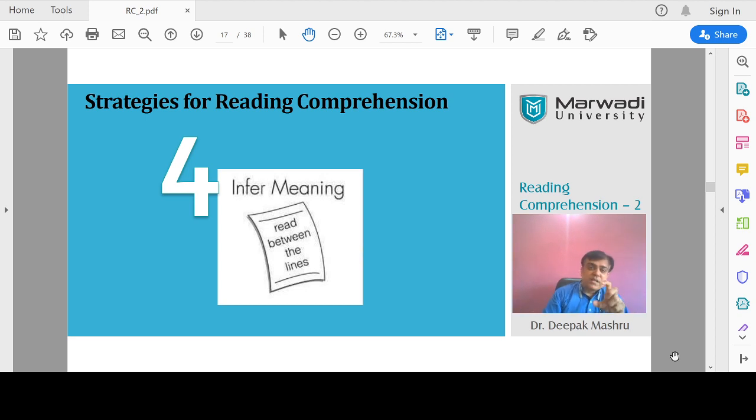That's why we try to quote it, we try to cover it, and in that way we try to mention it. So we need to dig out those meanings and bring them to the surface for understanding. That can help us answer the inference-based questions.